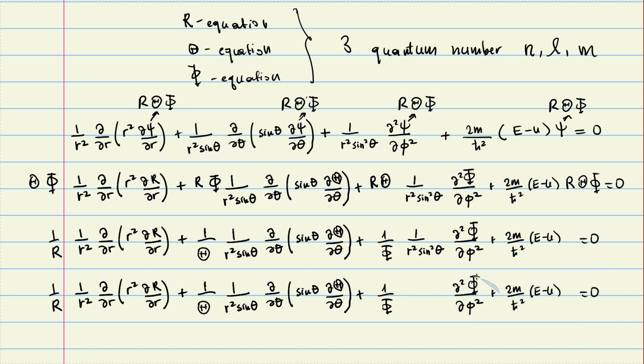Okay, maybe I can write it here. There is some r squared sine squared theta, and this one is r squared sine squared theta, and here r squared sine squared theta.